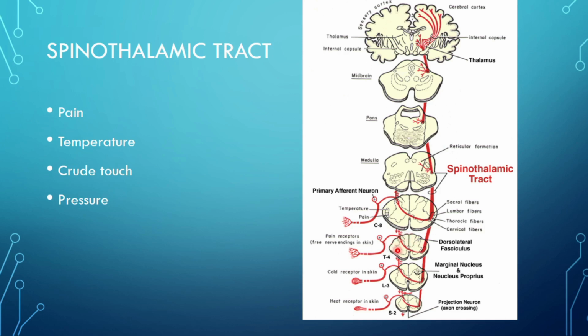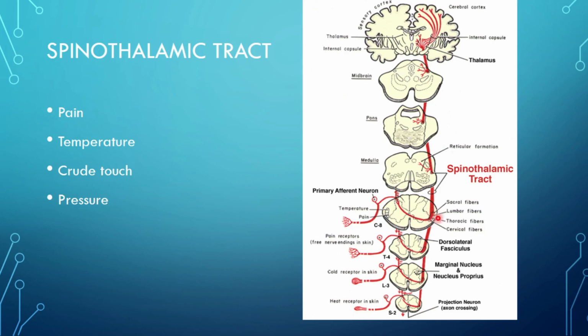So that is where our first synapse takes place. So the second order neuron then immediately decussates. It decussates via the anterior white commissure, which is this little bridge here, and then it runs into the contralateral side from where the signal came. So we're now on the left side of the spinal cord.